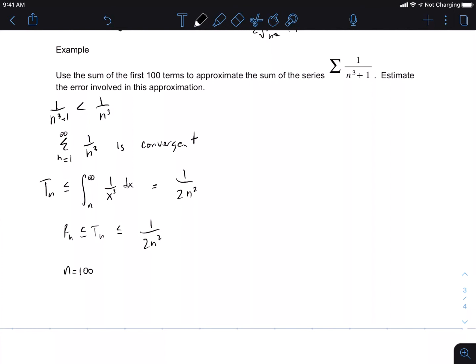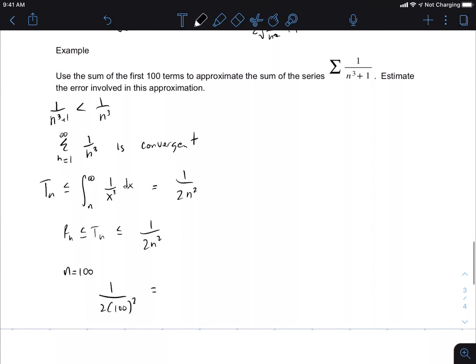And so we can see something that's pretty cool here. We're going to get 1 over 2 times 100 squared. Let me use a calculator to figure this out. 1 divided by... I forgot the 2.